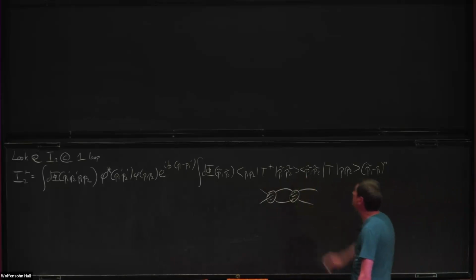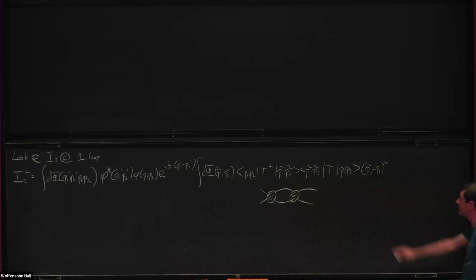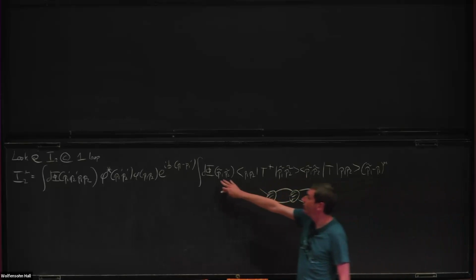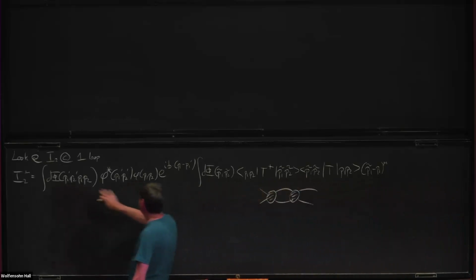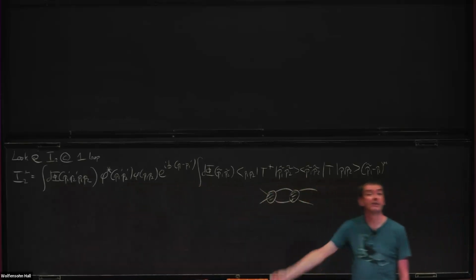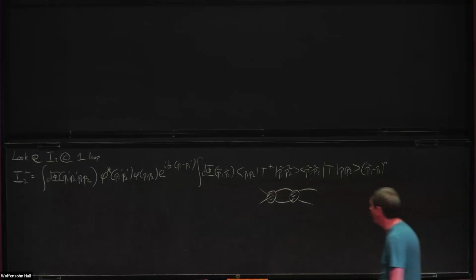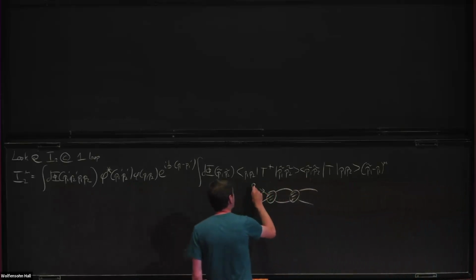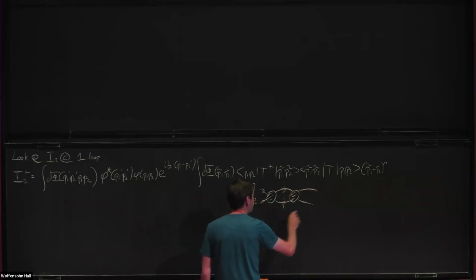Okay, so now that we've done this, I'm going to rewrite these phase space integrals along the lines of what I did yesterday. So in particular, I will notate this integral. You see that's a cut.